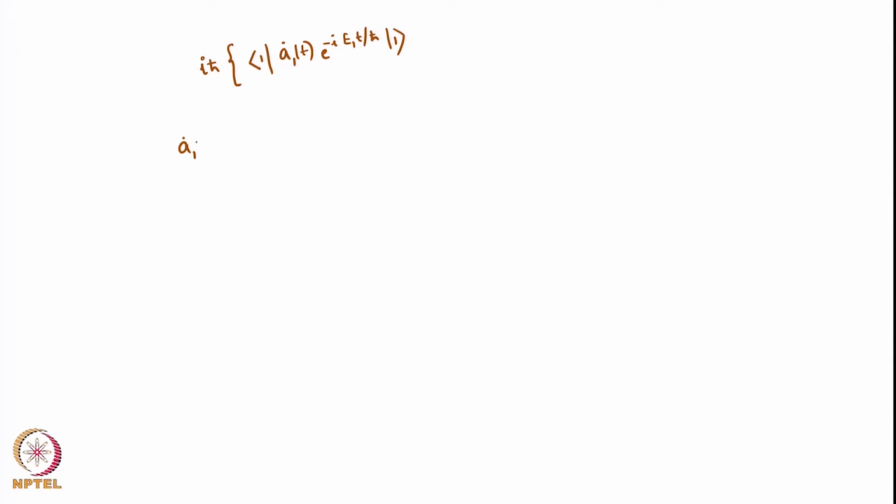A1 dot of t is nothing but d by dt of A1 of t. What is A1 of t? It is time dependent. Nonetheless, even if it is time dependent, it is a constant, it is going to change but it is still a constant.